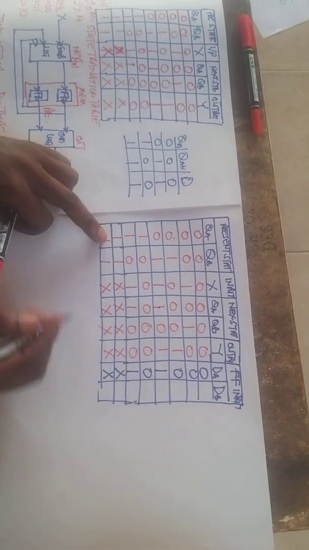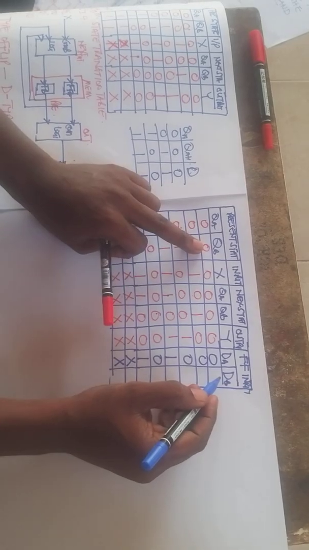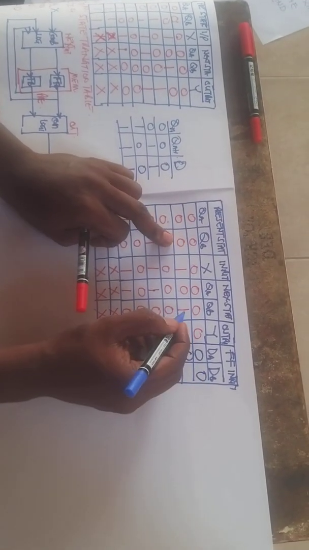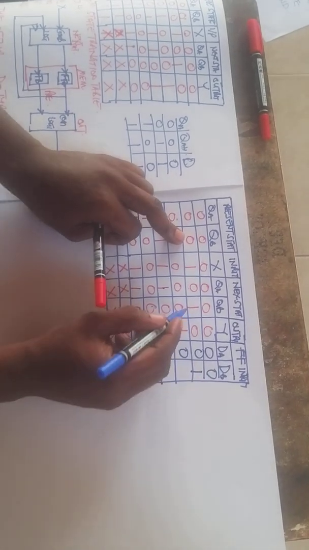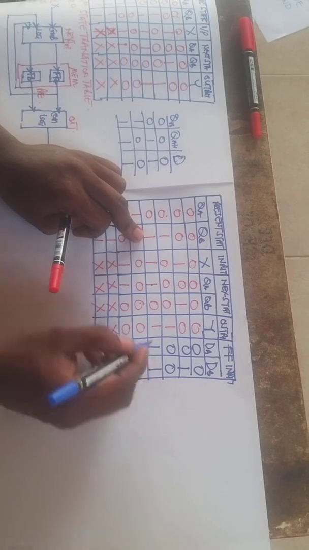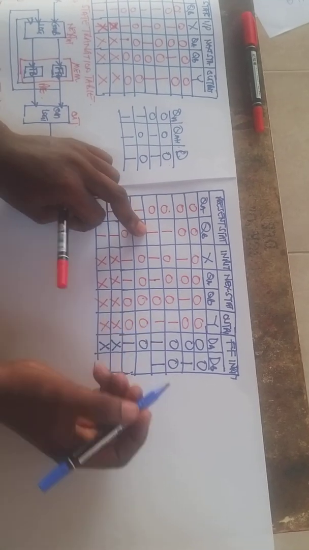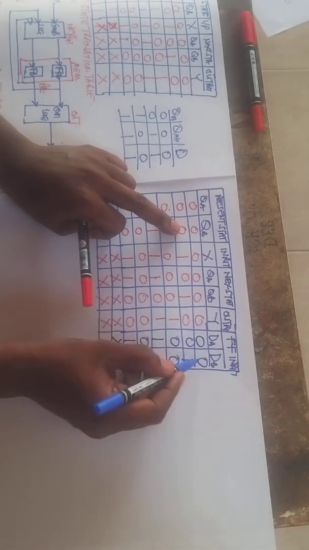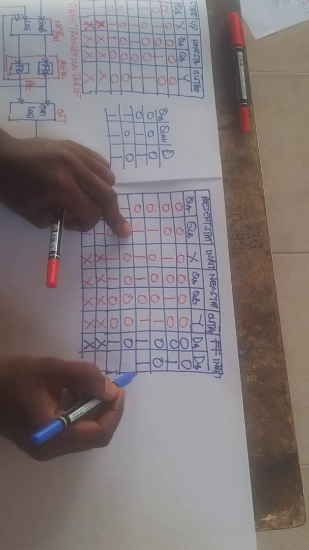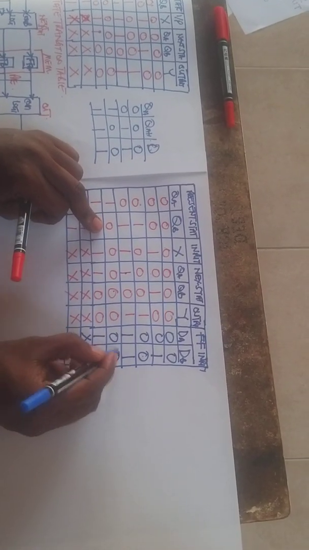Okay, let's do for DB. 0, 0 is 0. 0, 1 is 1. 1, 0 is 0. 1, 1 is 1. Oh, sorry. 0, 0 is 0. 0, 1 is 1. 1, 0 is 0. 1, 1 is 1. 0, 0 is 0.